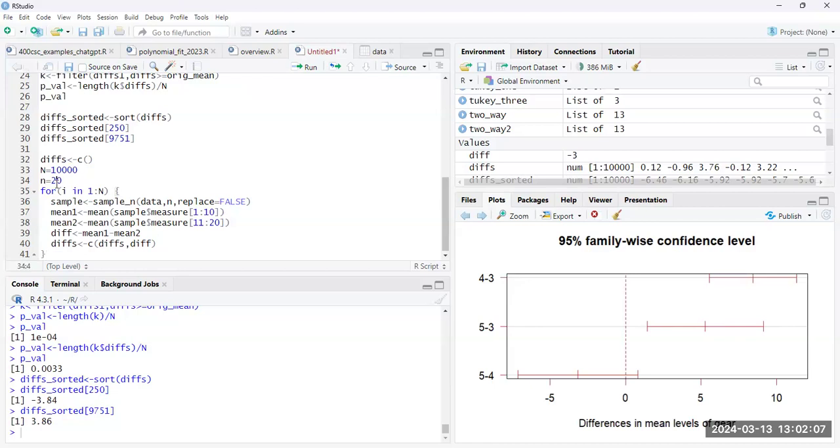We can change n to be something other than the sum of both data sets. So it doesn't have to be 20. It can be 10, it can be 50, it can be whatever. So I'm going to make it less just for the sake of argument. And then we're going to sample from the two different data sets separately.